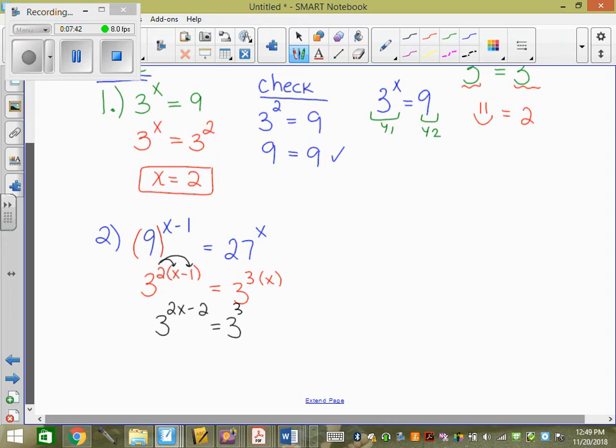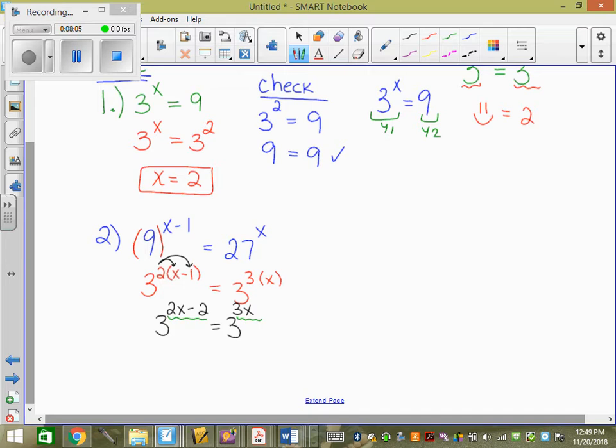Now what can we say? If we have 3 to this exponent equals 3 to this exponent, what can I say about the green things? They must be equal, correct? If 3 to the something equals 3 to the something, this something must equal this something.